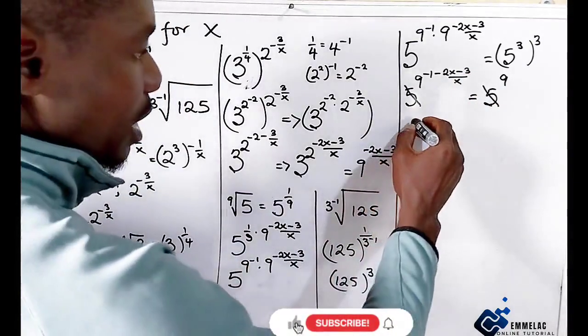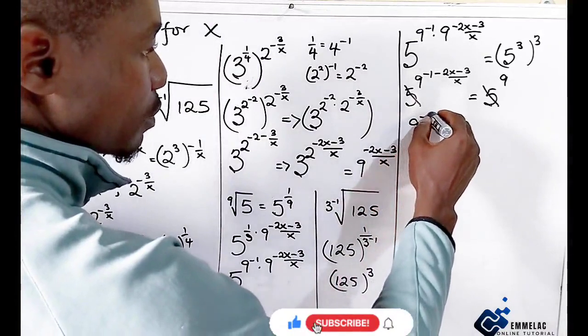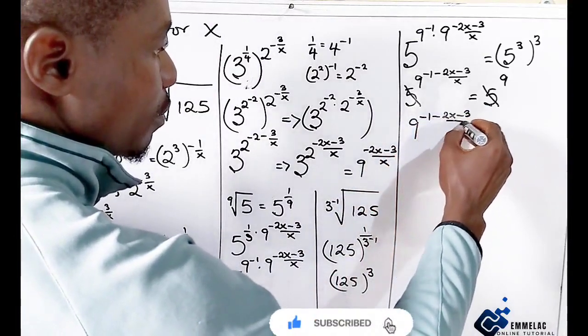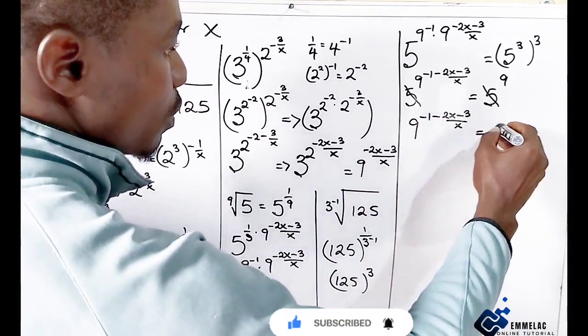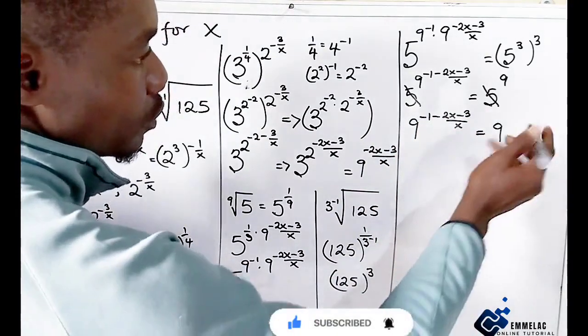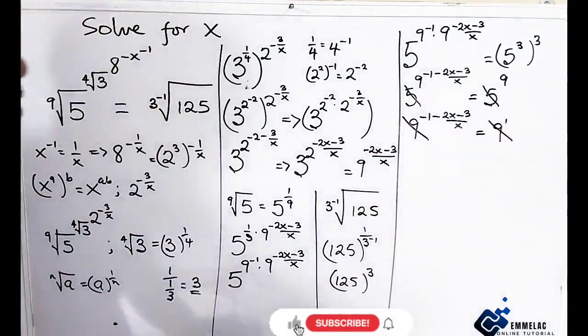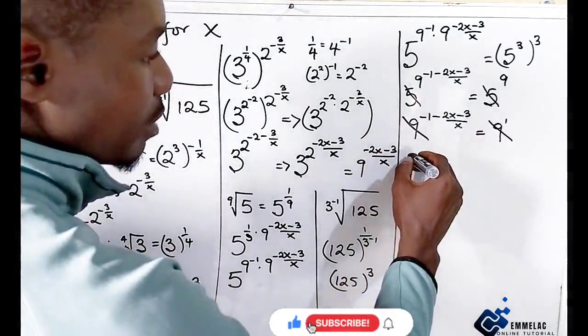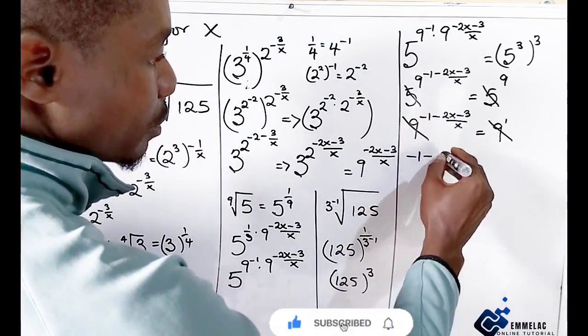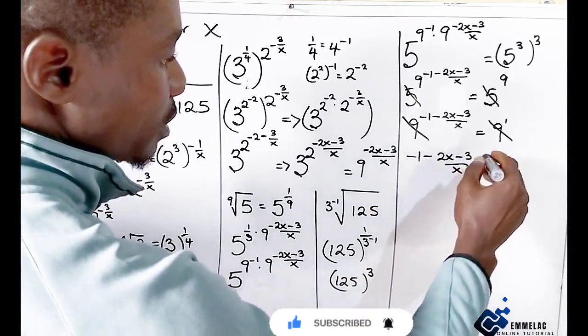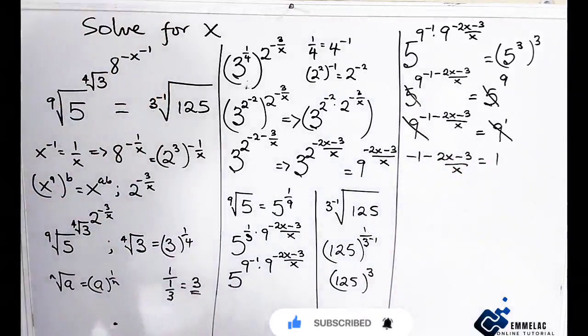So we are left with 9 raised to the power of -1 minus 2x minus 3 over x equals 9. Take note, this is raised to the power 1, so you can also eliminate this since they have the same base. So here we have -1 minus 2x minus 3 over x equals 1.